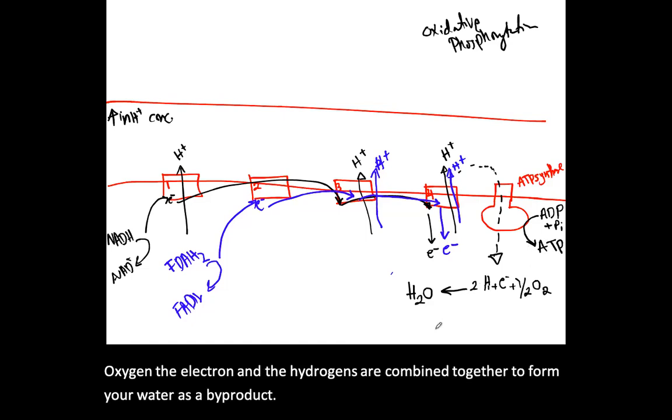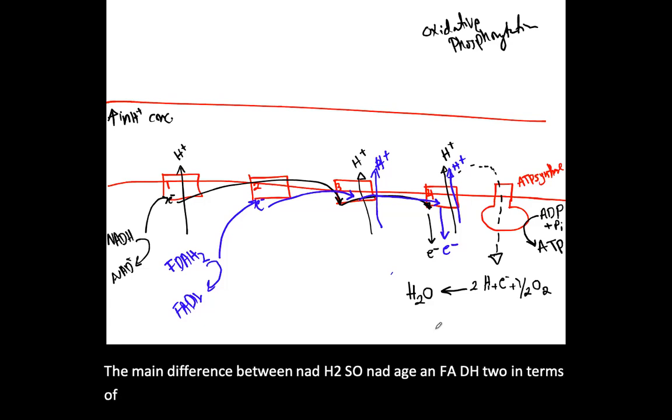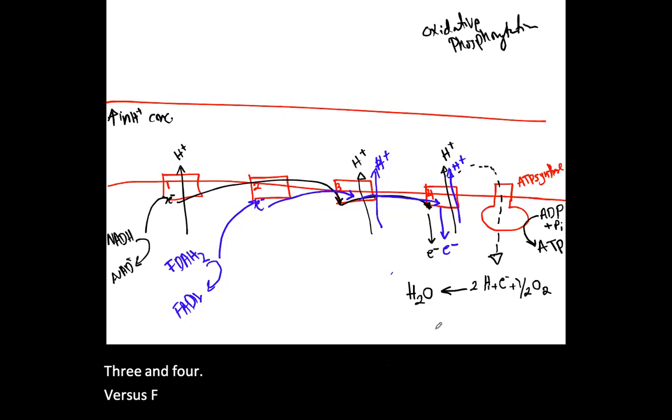The main difference between NADH and FADH2 in terms of their involvement in ATP production is, one, NADH uses proteins 1, 3, and 4, versus FADH2 uses proteins 2, 3, and 4.